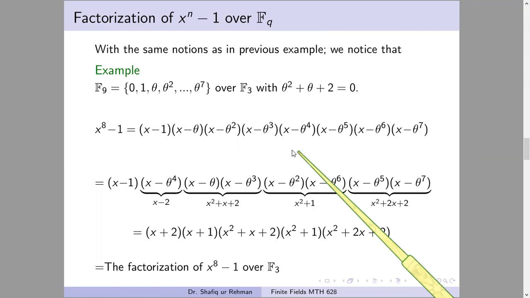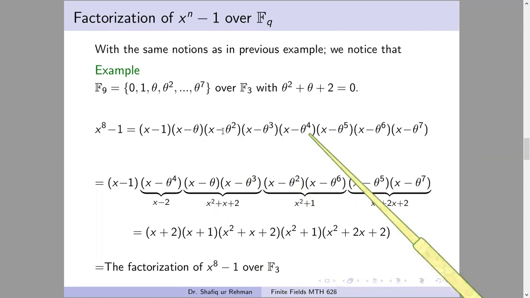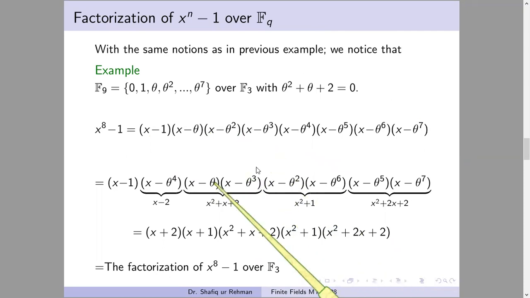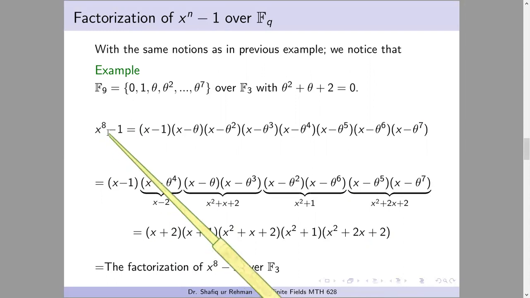In this factorization, the coefficients are outside of F3, but after combining them with their conjugates, we can replace these products with minimal polynomials, and now all the factors are in F3[x]. Now all the factors have coefficients in F3. So this completes the factorization of this polynomial over the field F3.